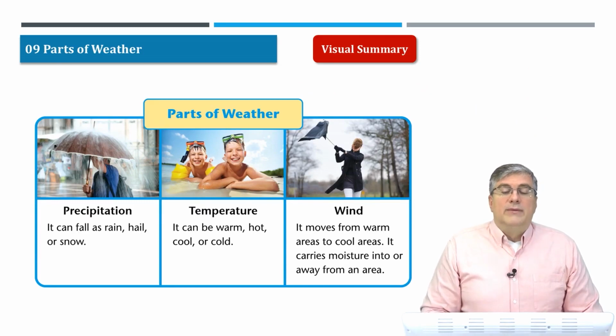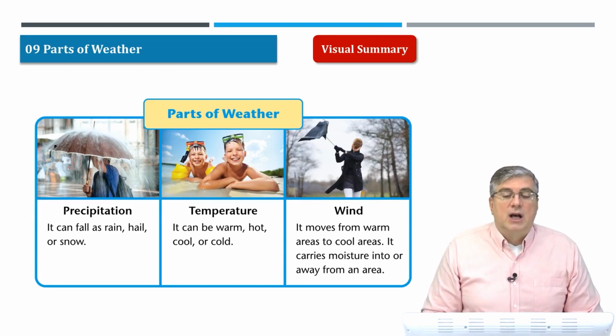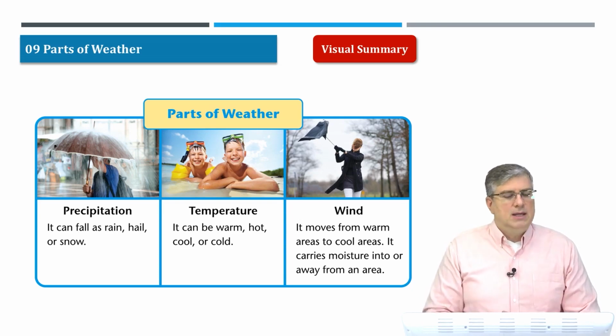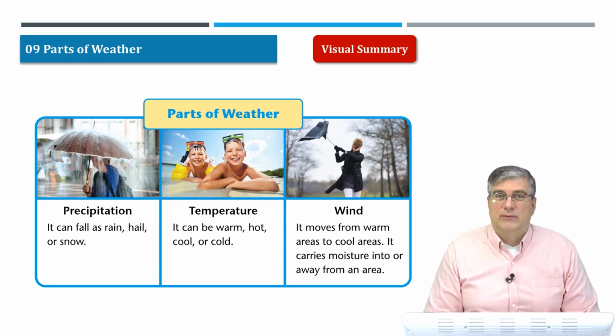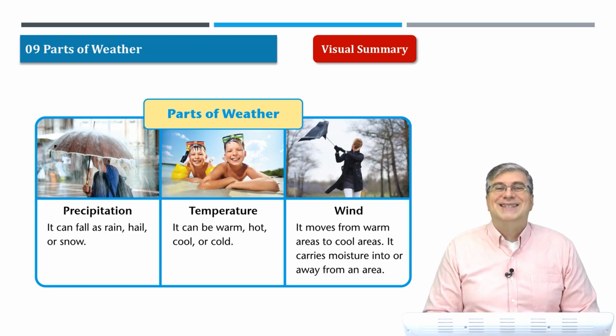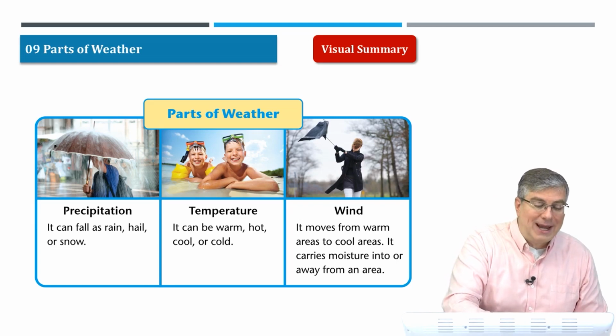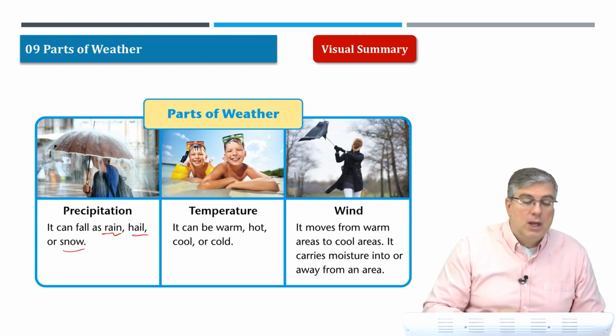Now, one of the ideas in this lesson is parts of weather. What are the different parts of weather? Interesting idea, right? Well, first of all, as we saw from the vocabulary, we have precipitation. And as I said before, it can fall as rain, hail, or snow.